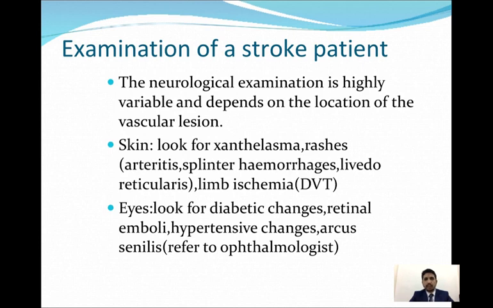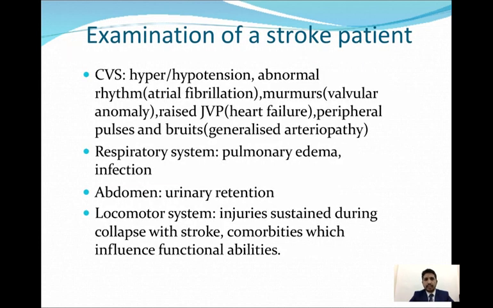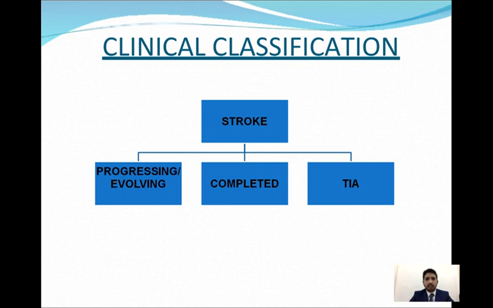In cardiology, you can look for hypo or hypertension, abnormal rhythm, murmurs, raised JVP, any bruit. In the respiratory system, any pulmonary edema, infection; in the abdomen, urinary retention. These are the complications that can arise because of stroke. In the locomotor system, any injuries sustained during collapse due to stroke, or any comorbidities that will affect the prognosis of the stroke. So clinically, we classify stroke into TIA, progressing or evolving stroke, and completed stroke.